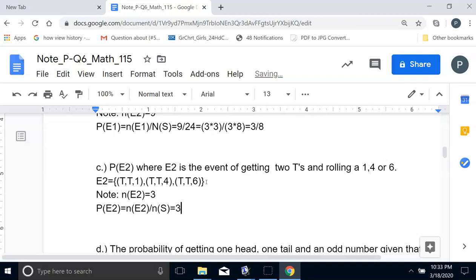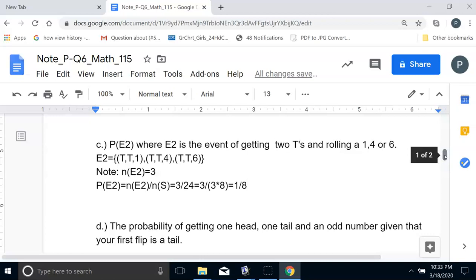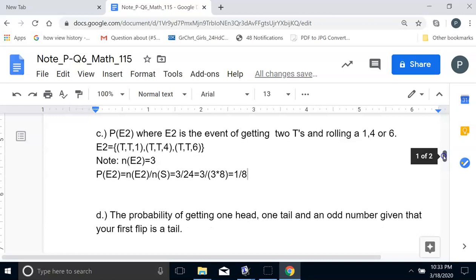So E2 is 3, sample space is 24. We could reduce this because 24 you can write as 3 times 8, cross the 3's off, becomes 1/8. So there is a 1/8 chance that event 2 will happen.